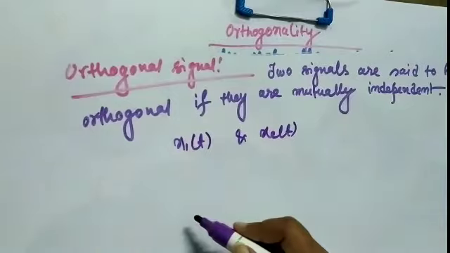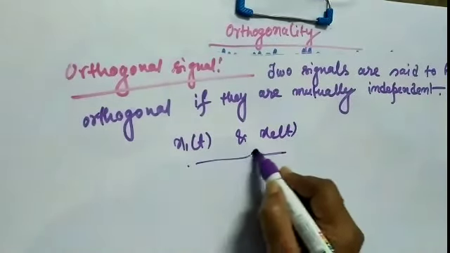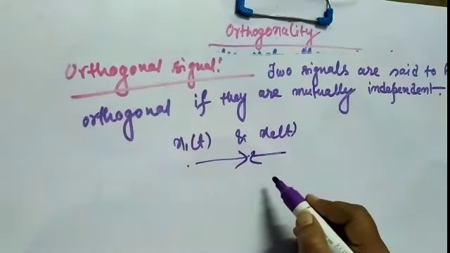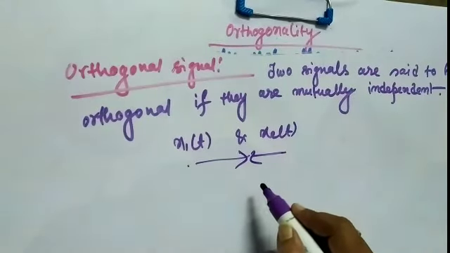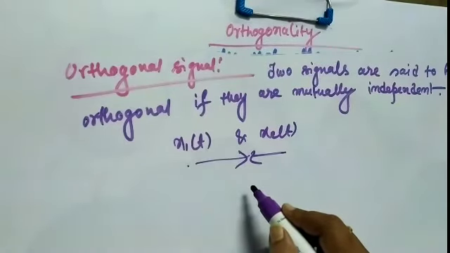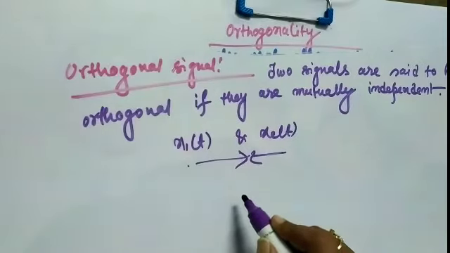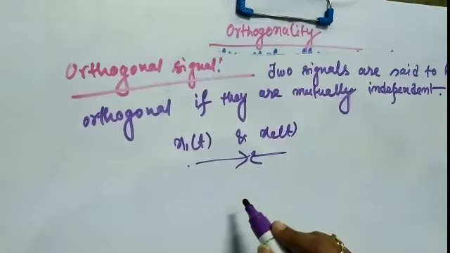If these two signals cannot interfere with each other, or they are mutually independent, then we can say these two signals are orthogonal. Then these two orthogonal signals can be transmitted over a common channel without mixing, and we can successfully detect them at the receiver end.